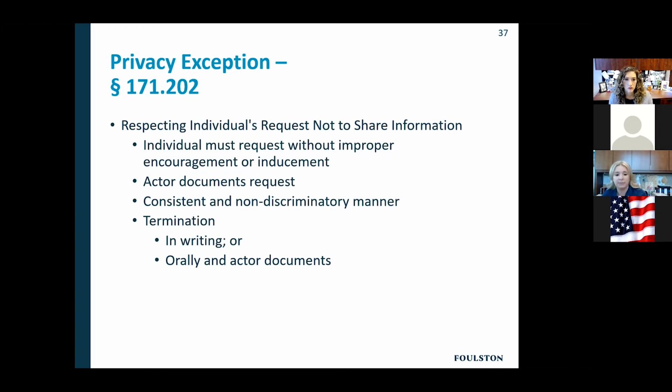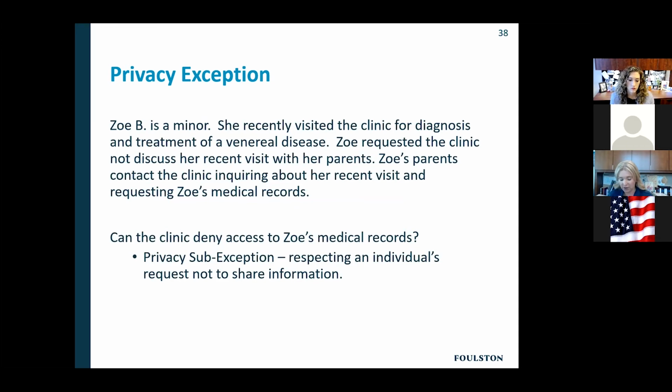All right, next slide, Amanda, please. So here is our example, still sticking with Zoe with the basic fact pattern that we discussed before with respect to her treatment and her parents asking for access to her electronic health information. You can see that in this fact pattern, we've got the required by law exception as a potential opportunity not to grant access.